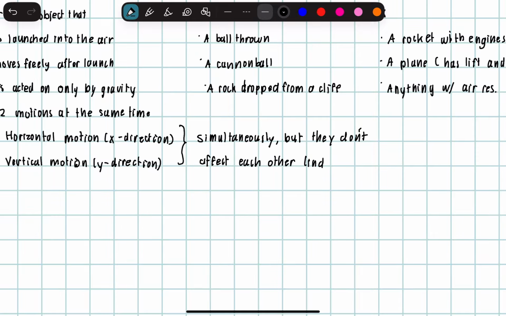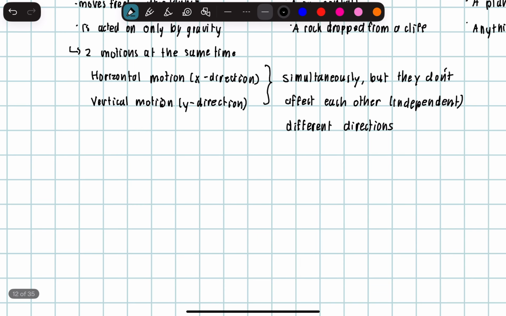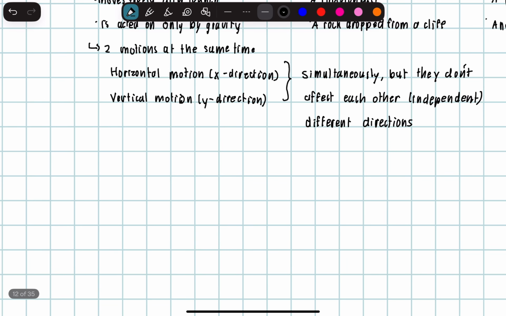And this is a very key idea in physics, because the vertical and the horizontal motions are in different directions. And this will also apply later when you study forces and free body diagrams. These motions are considered separate from each other and analyzed separately.